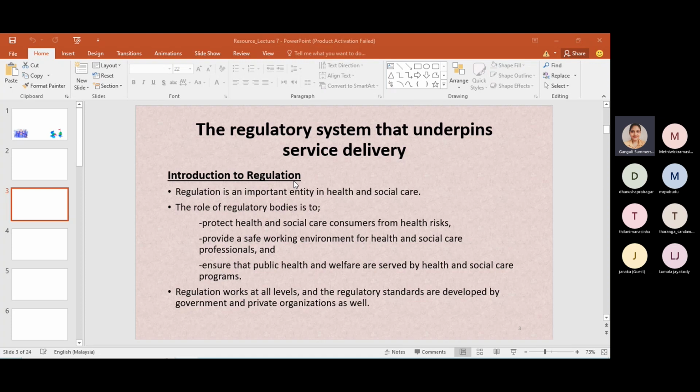It takes time to plan, and the planning stage also requires some time, so we can't do it daily. Regulation happens maybe once a year. The regulatory body will check your company maybe once a year, or at most twice a year.